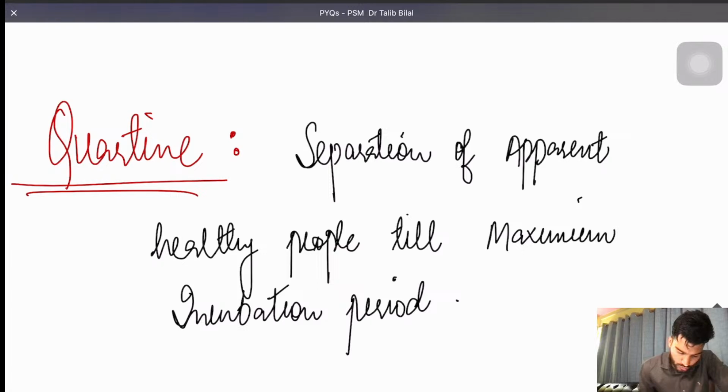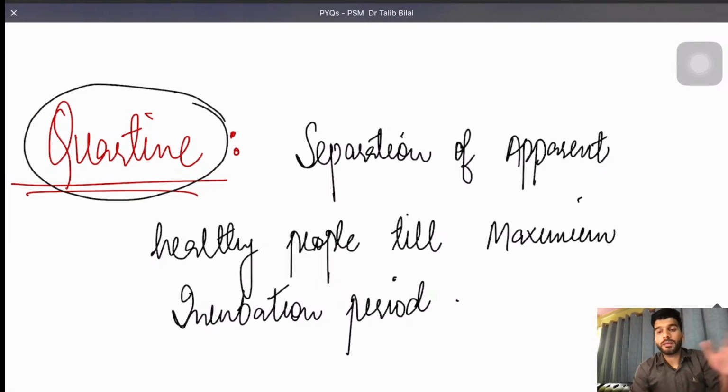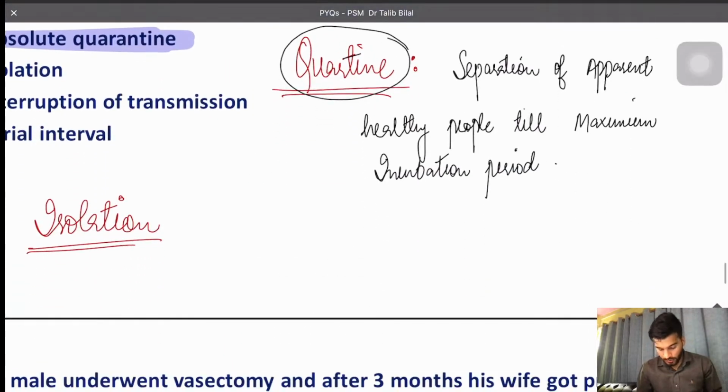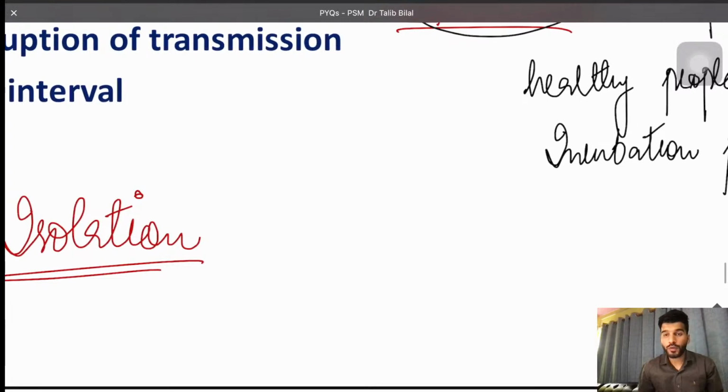So your answer goes to quarantine. So when a healthy person has been separated till the maximum incubation period, it is called quarantine. For example, guys, in COVID-19 the incubation period was 14 days. So we are keeping a person separated till 14 days incubation period.